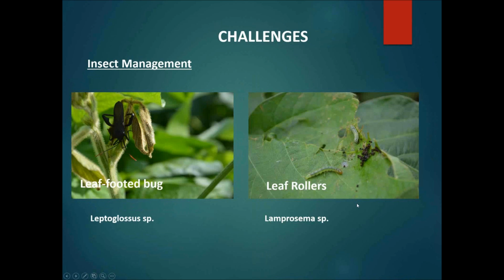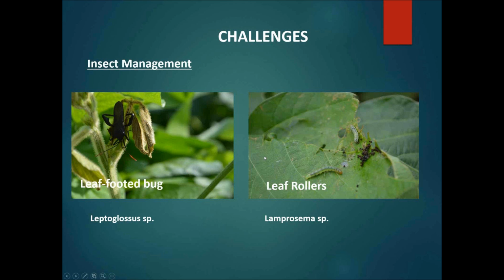The other challenge was insects. This insect here is the leaf-footed bug. It feeds on the tip of the plants just at the time of flowering, and that has an impact on the yield. So I had to do some spraying there. And we had also leaf rollers that were rolling the leaves, and then they would develop inside.